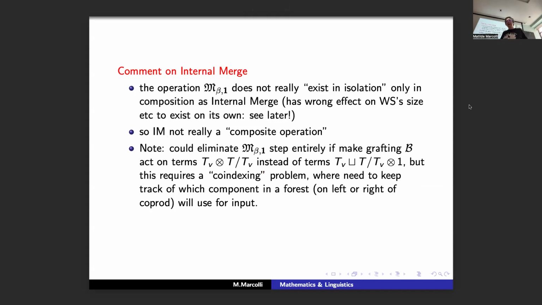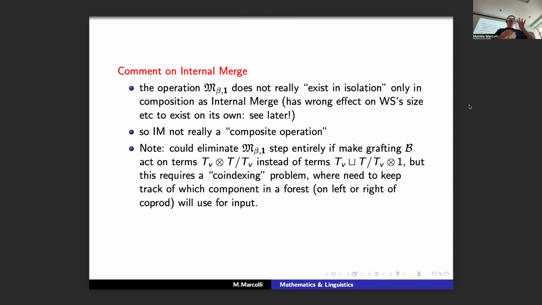So, okay, one can ask the question: why am I insisting on doing it this way? Why am I saying that I always merge only things that are in the left channel of the coproduct? I'm doing this merge with the empty set to move something from the right channel to the left channel of the coproduct, so that I can merge that.